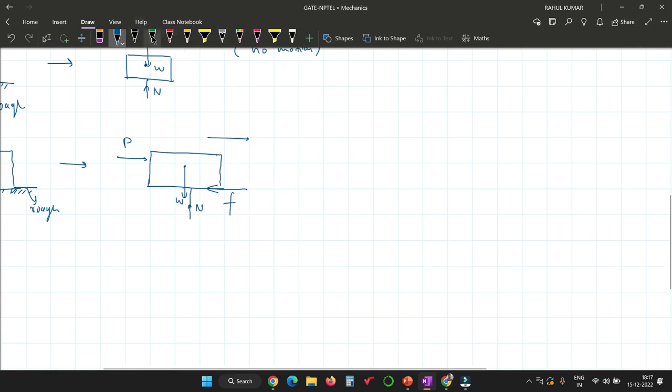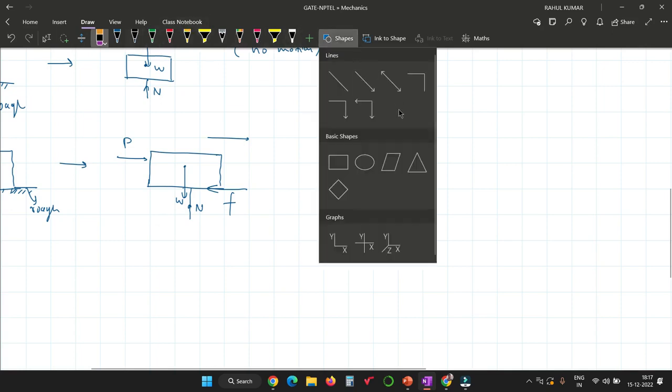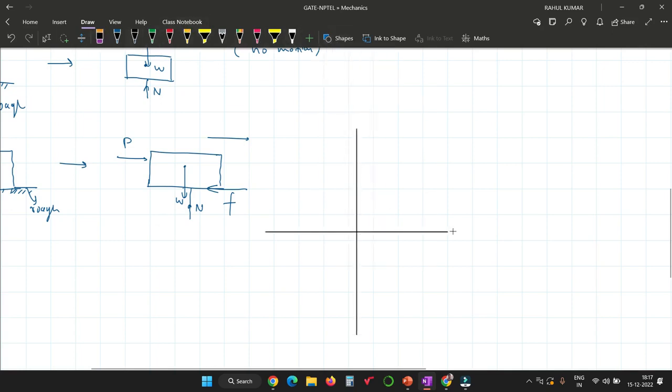So what I am trying to say is, if you draw a graph of friction force F and external force P, the nature of friction force says that every time you apply P, it will be balanced by the friction force F. It depends on the capacity of the roughness.